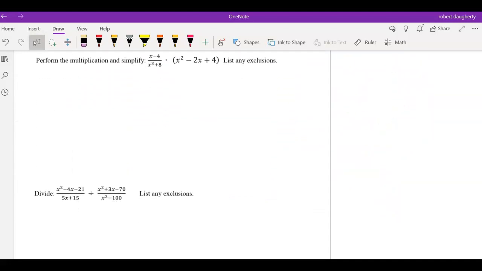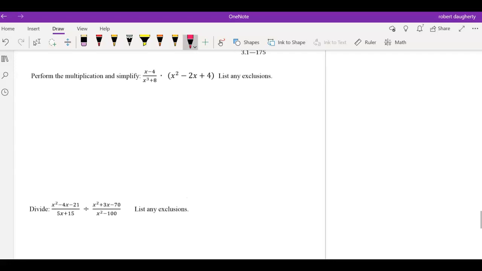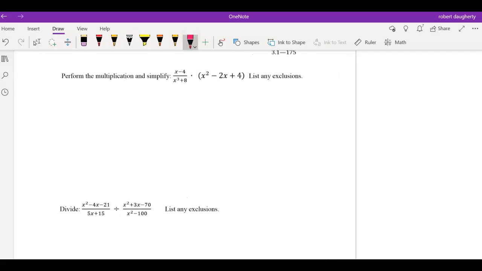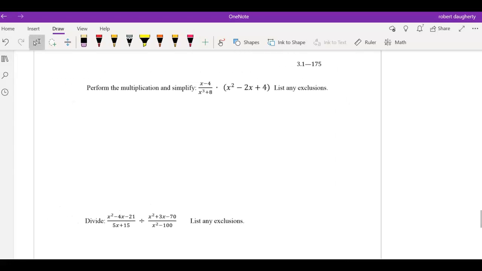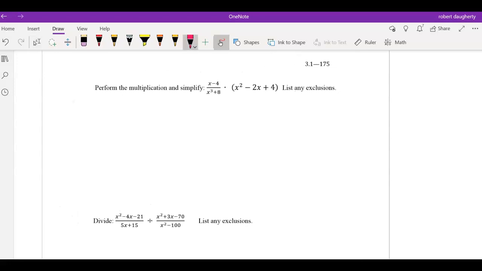Perform the multiplication and simplify. So again, factoring is going to be your key for all of these guys. So I've got x, oh, sorry about this, x minus 4.